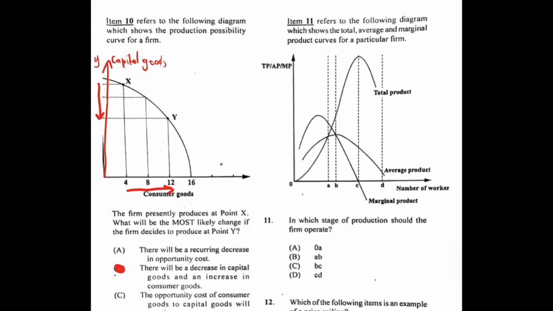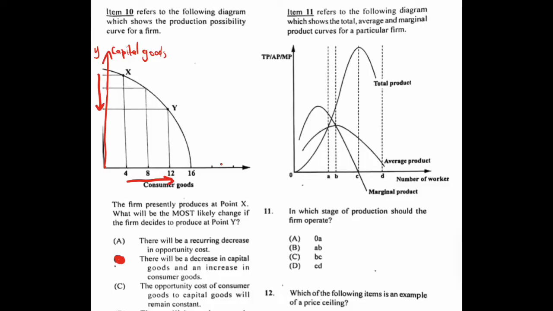11 says, in what stage of production should the firm operate? Generally speaking, they should operate in stage 2. And stage 2 is shown to be BC in this drawing, because in stage 1 you find that there's underutilization of the resources, and in stage 3 you find the opposite, where there's inefficiency of resource allocation.